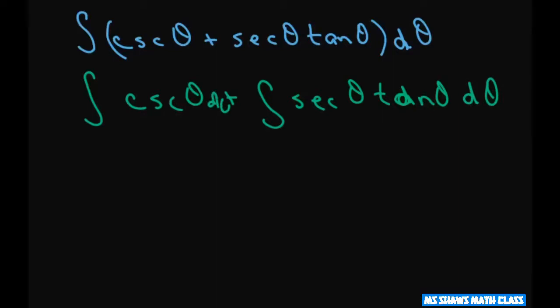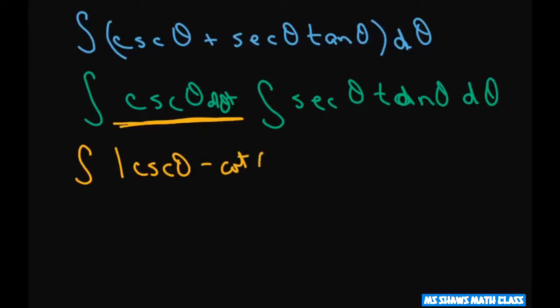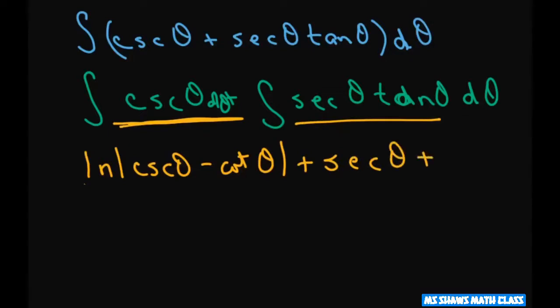Now we can integrate it. From a previous video I did, the antiderivative of cosecant is ln of the absolute value of cosecant theta minus cotangent of theta, sorry about that. And then plus the antiderivative of secant theta tan theta, which is secant theta, plus c.